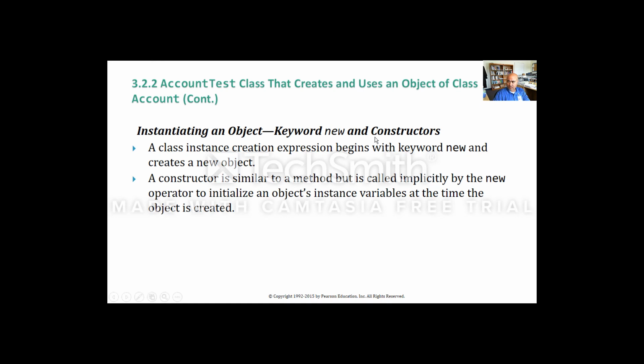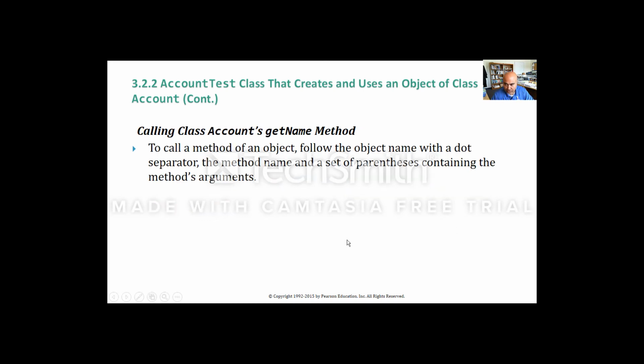Instantiating an object and a new constructor. So let's talk about this. When we talk about a constructor, I would like to start by telling you all that a constructor is very, very similar to a method, but it's a special kind of method.